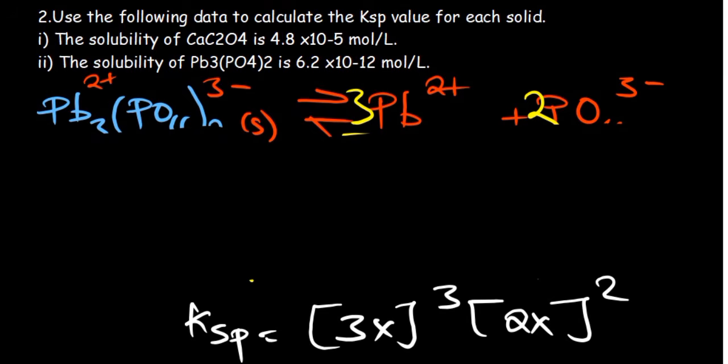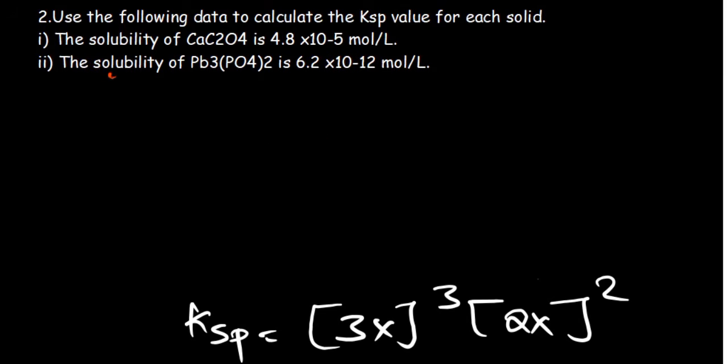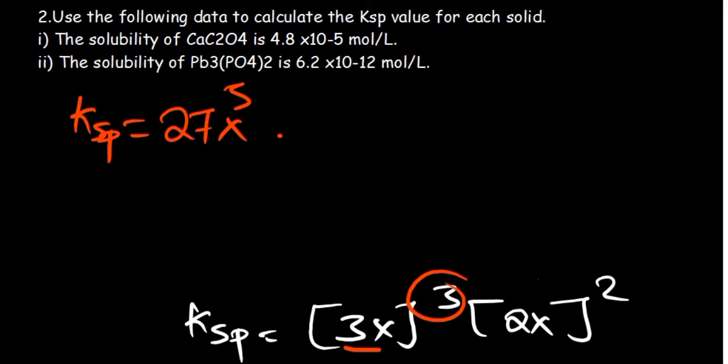And then you can now simplify. So my advice to you is, first of all, try to simplify everything in terms of x. So 3 to the power 3 is of course going to be 27. And then of course 2x squared is going to be 4x squared. And 3 to the power 3 again is 27. Now 27 multiplied by 4 is 108.